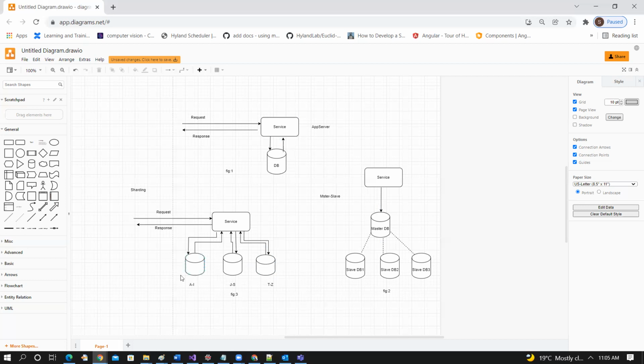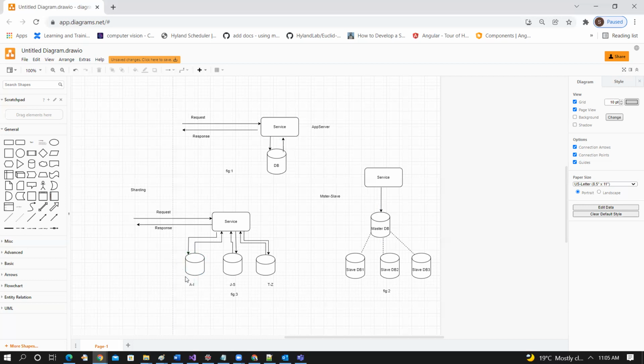Now there is a problem here. Every arrangement has its own positive approaches, and it has its downside as well. So we cannot get rid of the downside here. Suppose the major data is lying in the A to I category.